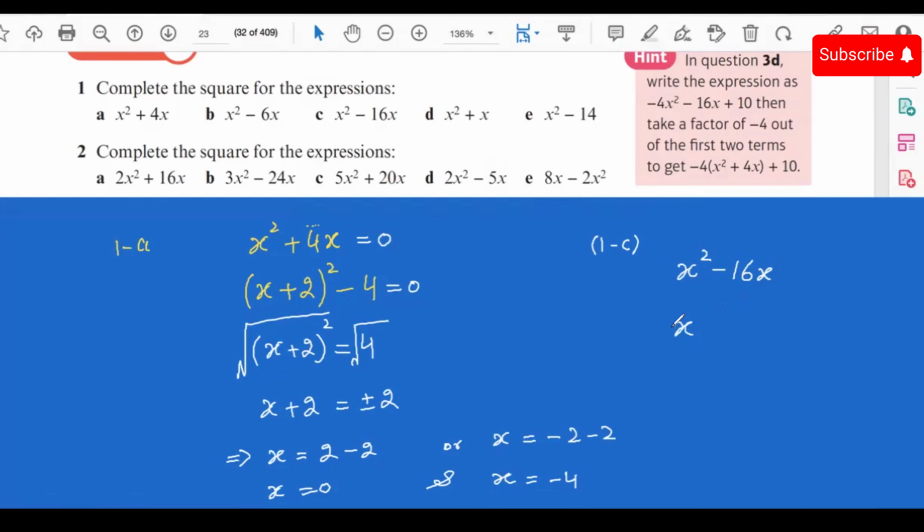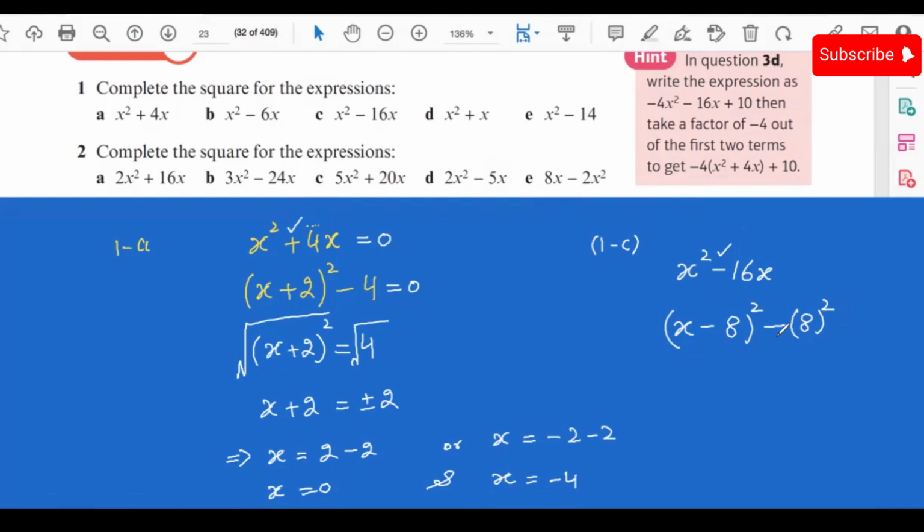So we can write it in the form of a square, that will be x, and here we have a negative sign that we will keep negative, half of 16 is 8, so x minus 8 square. Now to compensate, negative 8 square. So this compensating term is always negative, because this second term in the square is always subtracted.